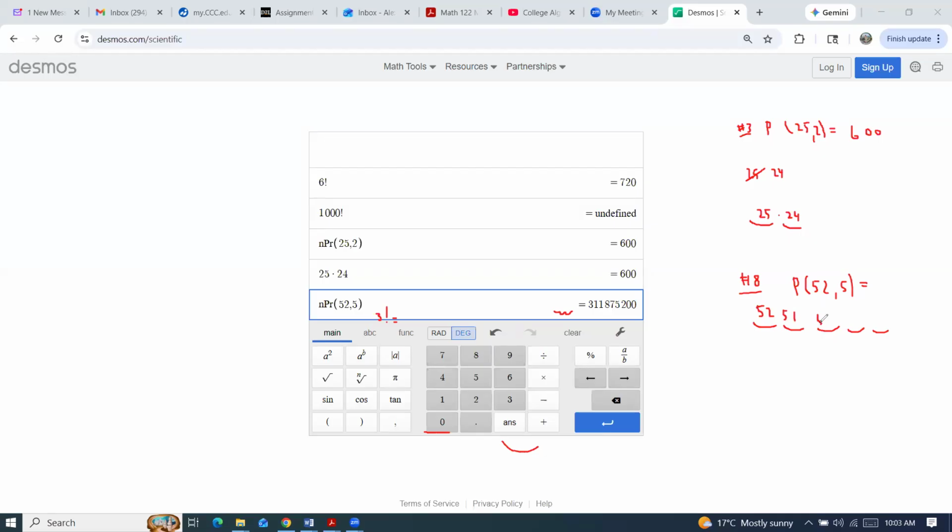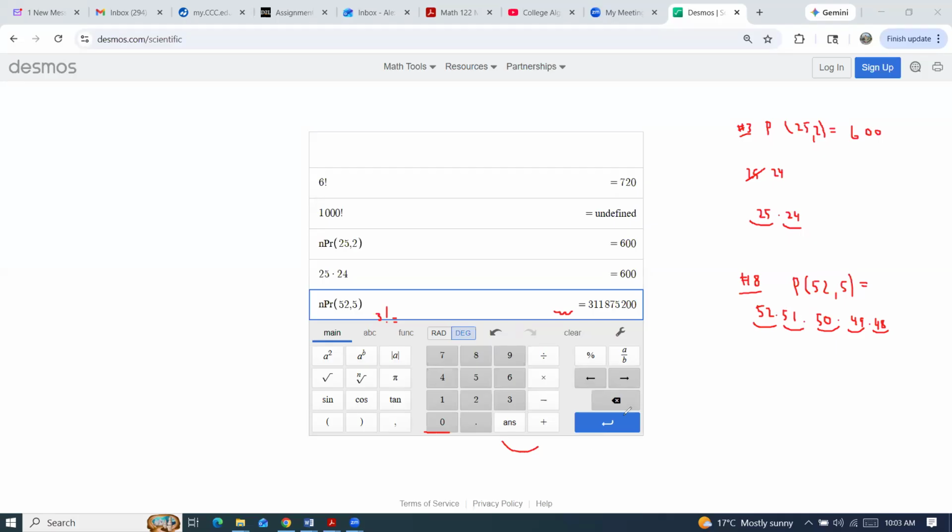For the next is 50, exactly 50. That's the third one. See, I keep going down by one. Just like in factorial, yes, but we stop at the fifth factor at 48. So this way, I have my permutations.